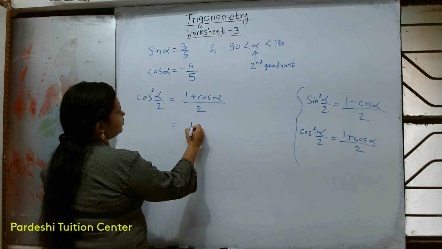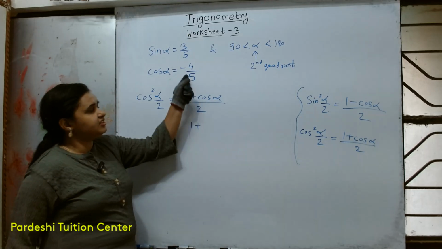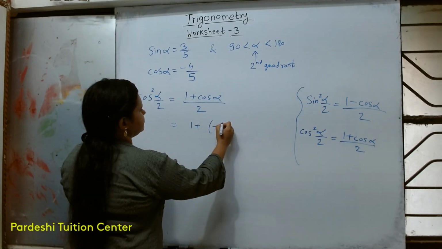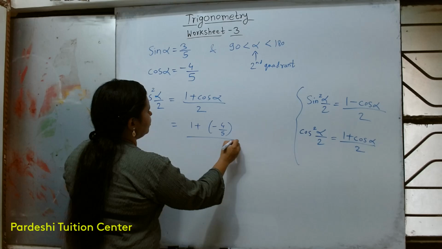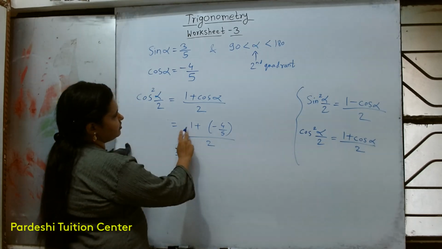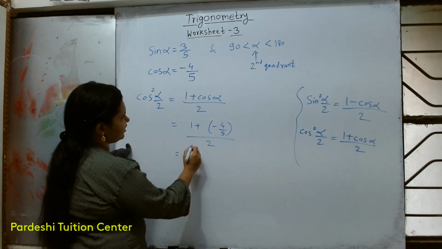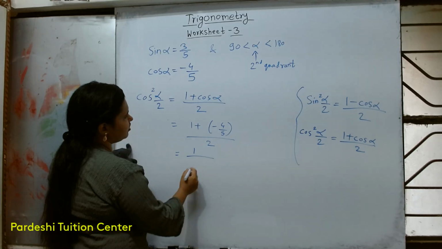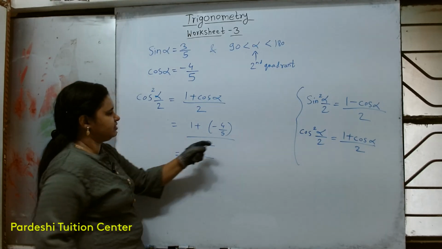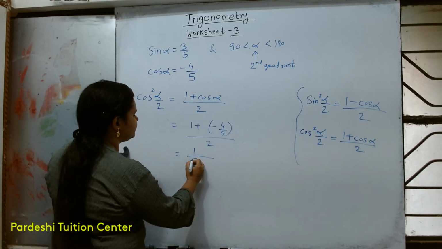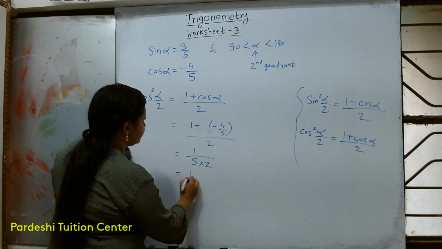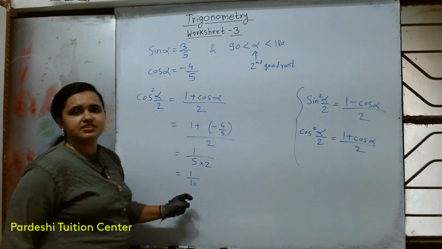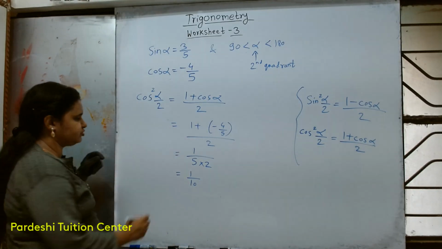So it will be 1 plus cos alpha, which is minus 4 by 5, upon 2. So the LCM is taken as 5, 5 minus 4 is 1, so 1 upon 5 in the denominator, and it will mix with this denominator, so it will be 5 into 2. So it will be 1 upon 10, but this is the value of cos square alpha by 2.